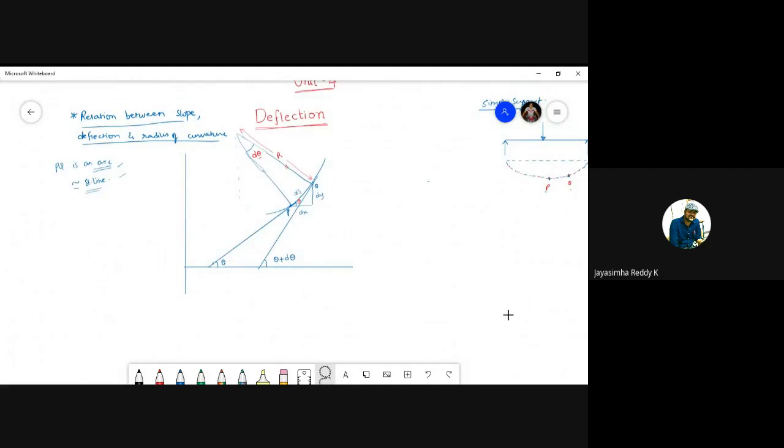This is all the same. Radius is the same. Yes sir. Okay. This is also r.